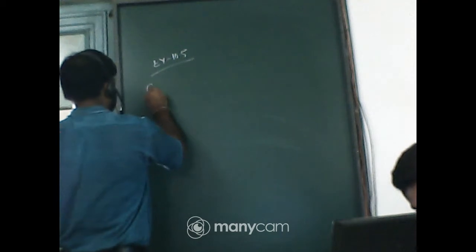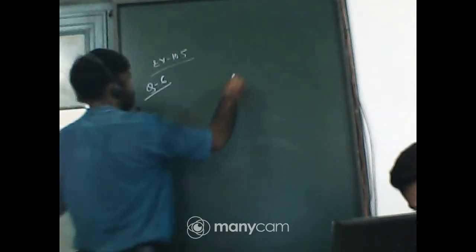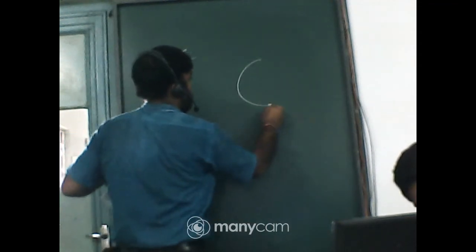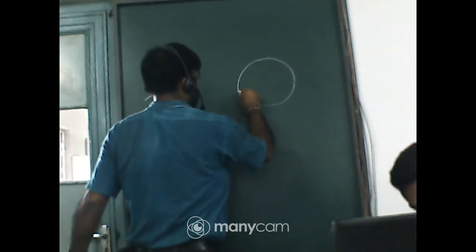Now question number 6. One quadrilateral ABCD is given.